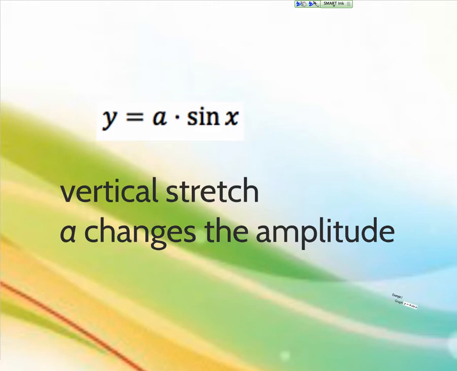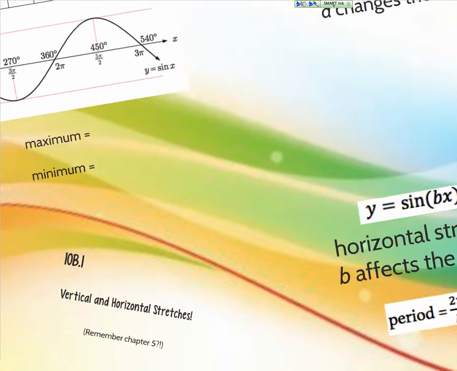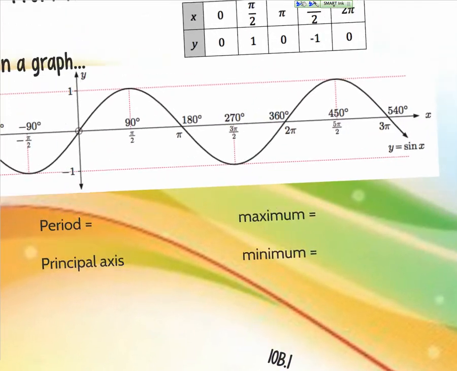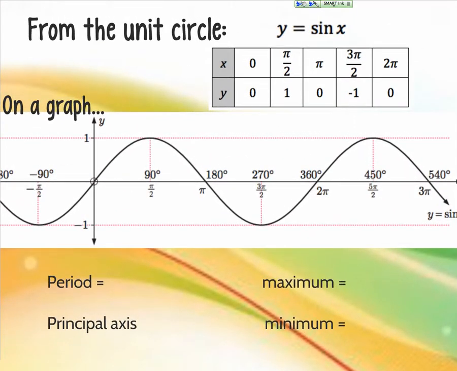That amplitude, the space between the principal axis and the minimum or maximum, we can see on this picture is 1 unit. So the amplitude is just 1 in this case. It's going to stretch this up or shrink it down.